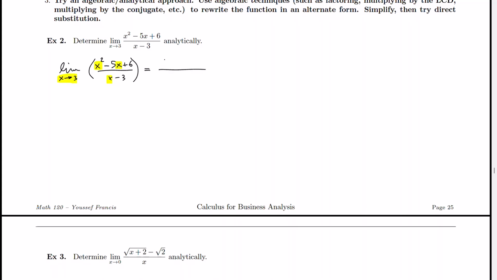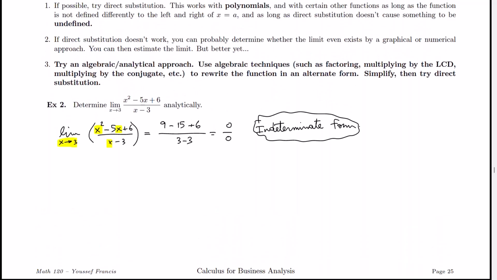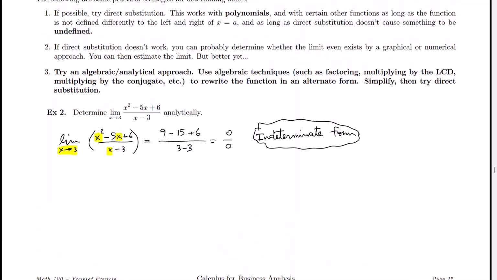I get 3 squared, which is 9, 5 times 3 is going to be 15, plus 6, all divided by 3 minus 3, and I don't need to work it out. You probably already know that this is going to be 0 over 0, which is known in math as an indeterminate form. So whenever you have 0 over 0, that's called an indeterminate form. And if you end up with that, then unfortunately, that means you have a little bit more work to do.